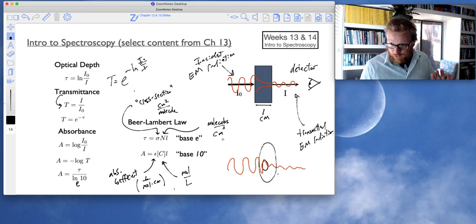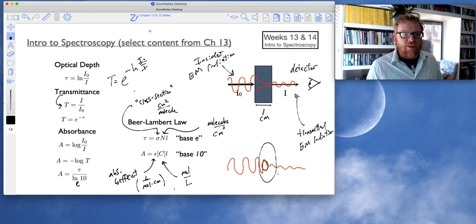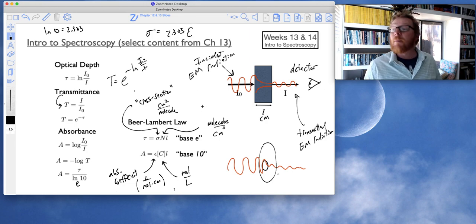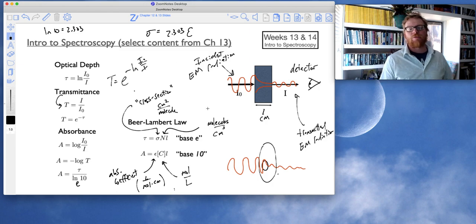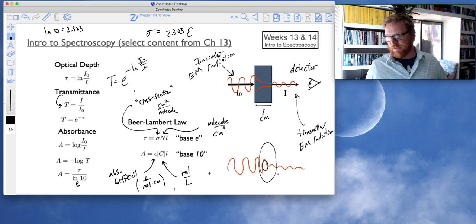If we ignore those conversions, then I can write that the cross section sigma, I have to multiply by natural log of 10, and the natural log of 10 is 2.303. So the absorption cross-section equals 2.303 times the molar absorptivity coefficient, assuming you've also got equivalent units. That 2.303 factor is just for the base e to base 10 conversion.